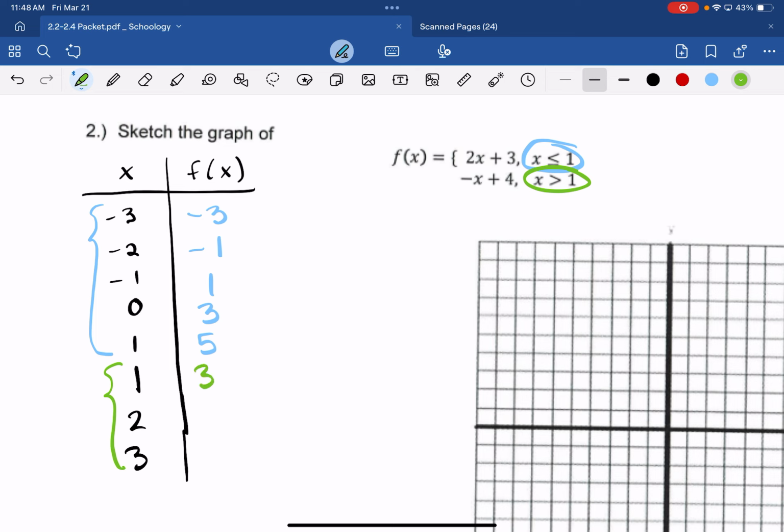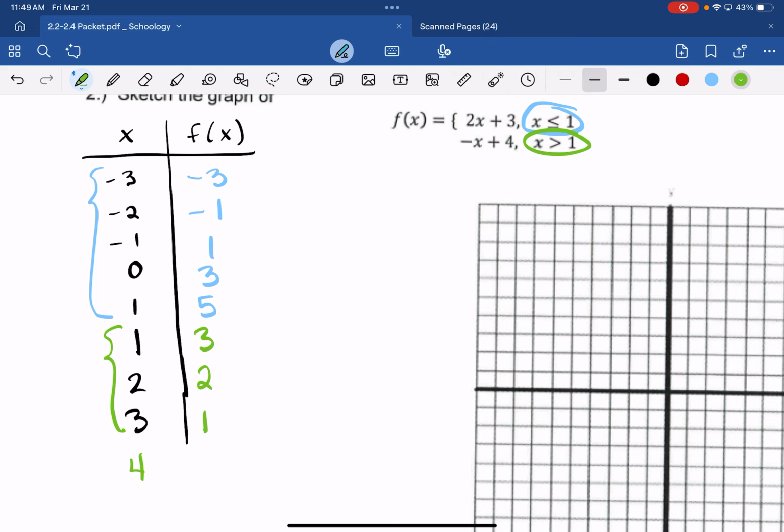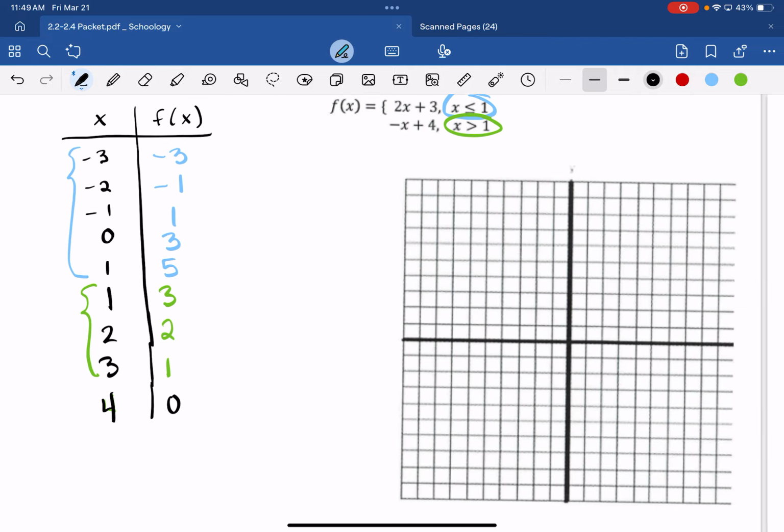I plug in a 2. I now have -2 plus 4, and then I get a 1. I'm going to go one more, just because we're almost at our x-intercept here. Okay, so here's a table of values. This is one way to do it. And now we're going to plot our points.